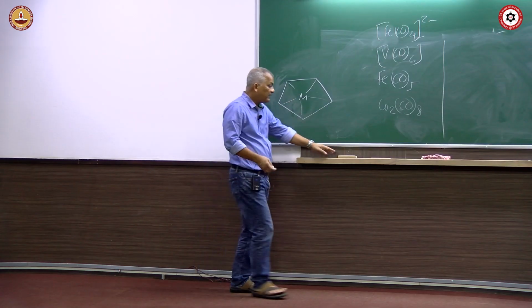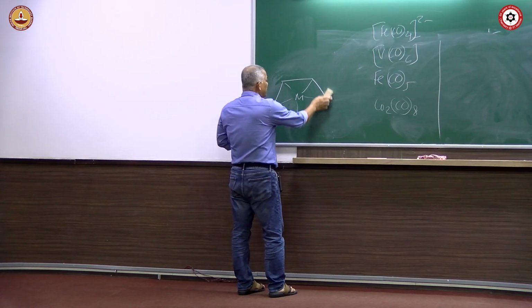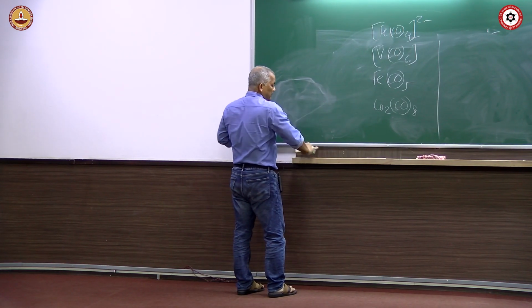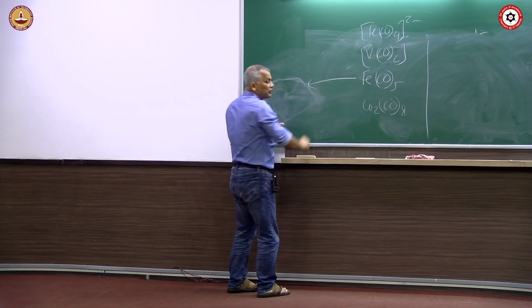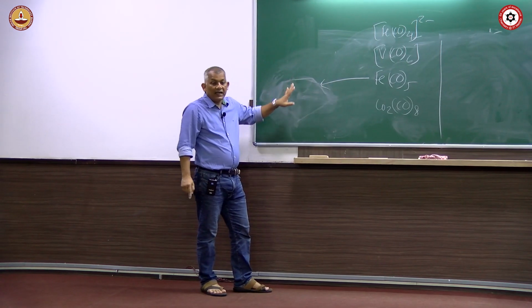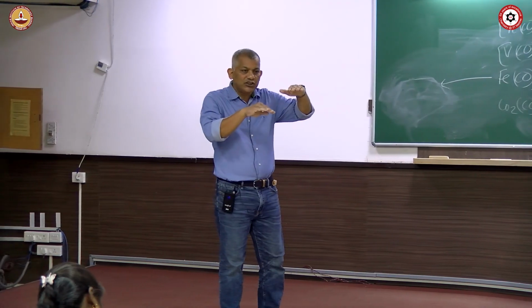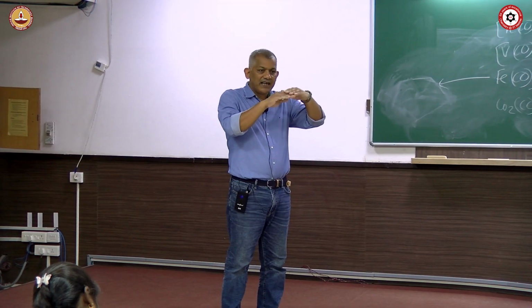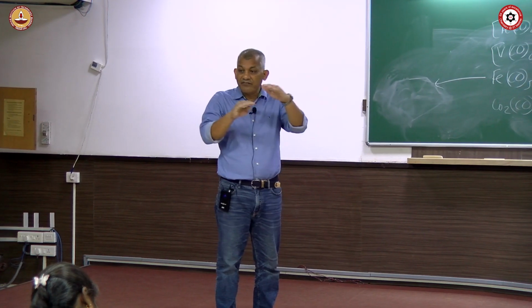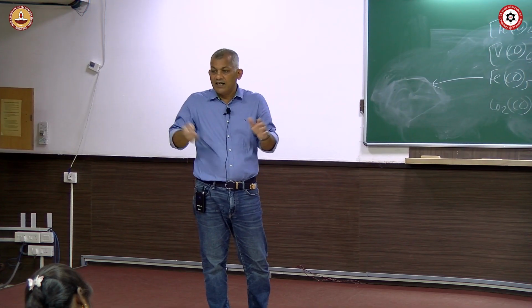It's very rare, but typically square pyramid and trigonal bipyramid. The FeCO5 molecule actually fluctuates between square pyramid and trigonal bipyramid.